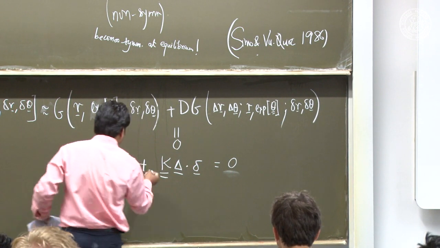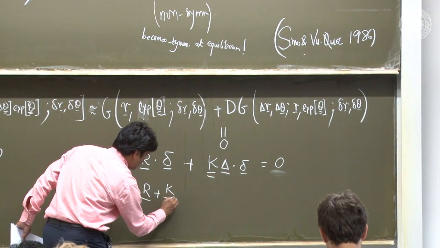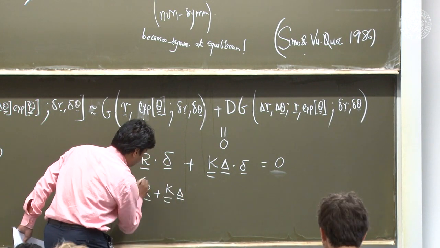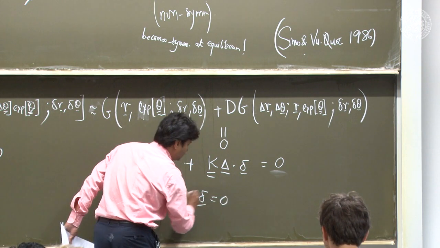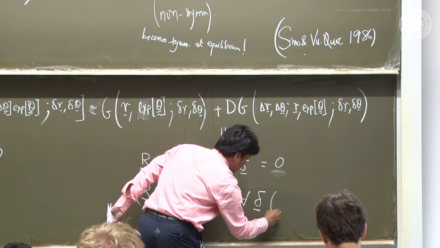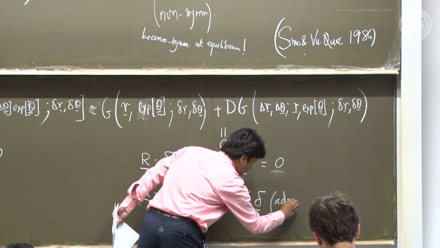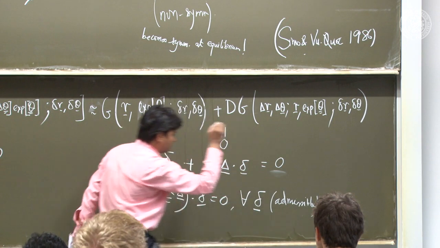So, you write this as big R plus k triangle dot delta equal to 0 for all delta. Of course, then you add this admissible, which has to satisfy your kinematic boundary condition.